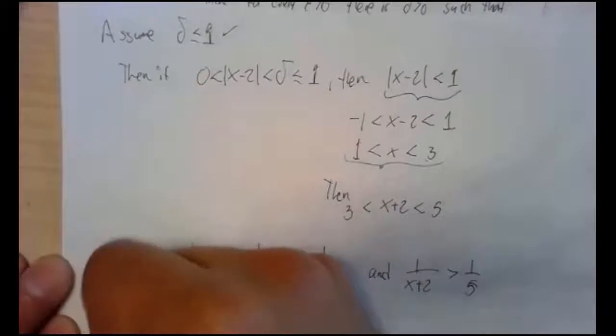So we assume that delta is less than 1. That's fine. We can make it whatever we want. And then let delta be the minimum of 1 and, I think it's going to be, epsilon over 5.